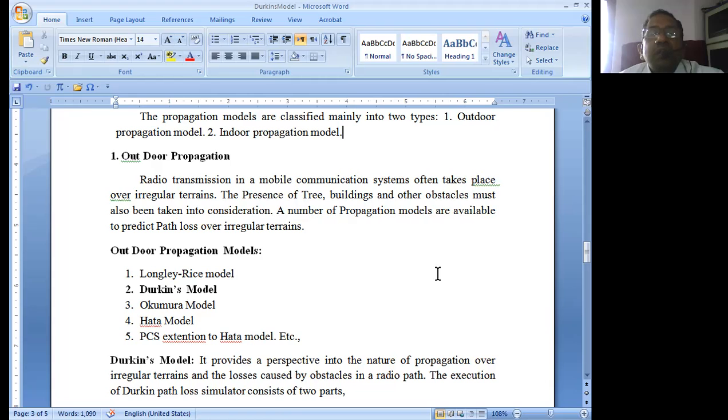Now here, radio transmission in a mobile communication system comes under wireless communications, because radio transmission means wireless communication only. So mobile communication is normally performed via the radio transmission medium.